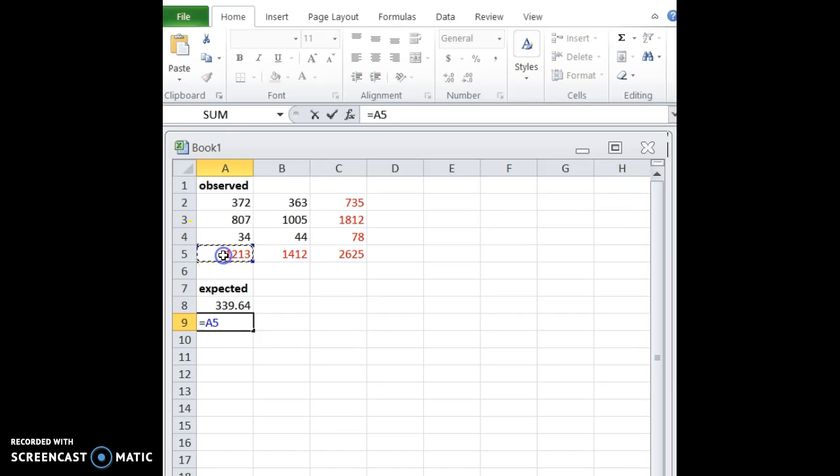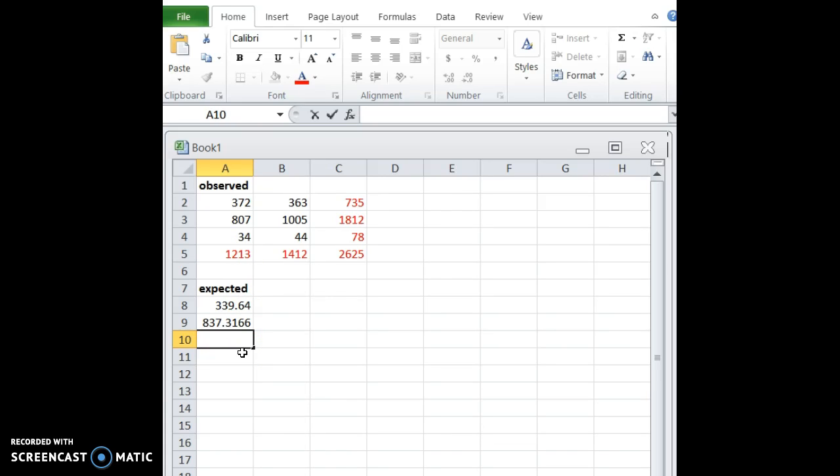Equals total times total divided by, so column total, row total, and then the overall total.